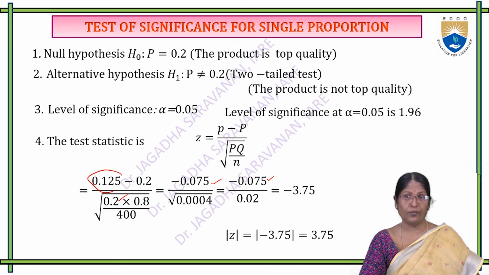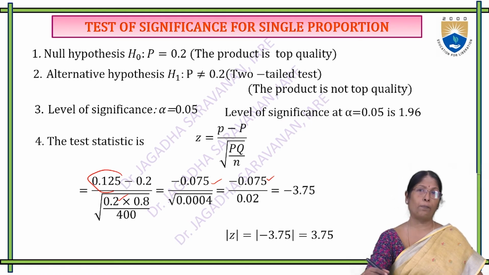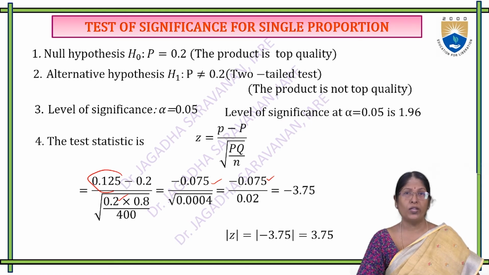So mod z is 3.75. This completes the four points: null hypothesis, alternative, level of significance, and test statistic for the two-tailed test.